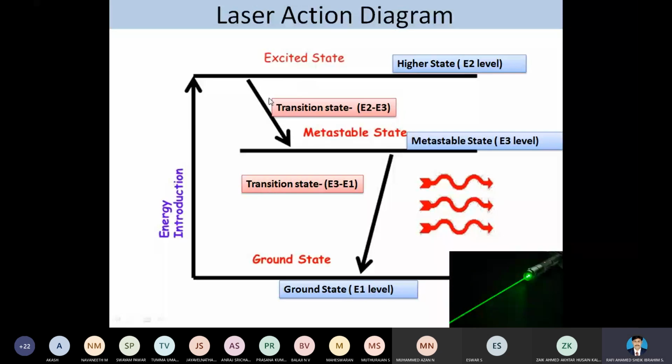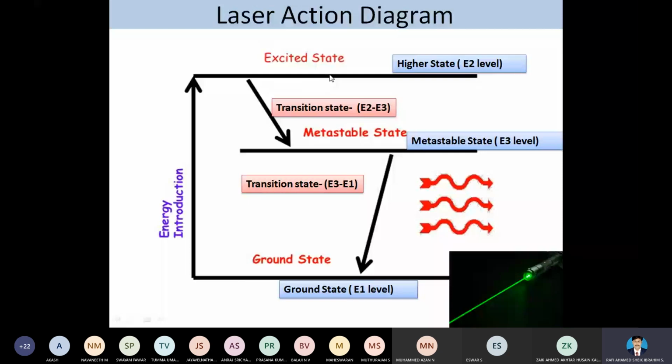To explain the laser action and to show what a stimulated emission is, the authors in all the books make a gap to show what is happening in the mechanism. But in reality, the metastable state is not such a huge gap; it is very, very small, almost equal to the higher state.